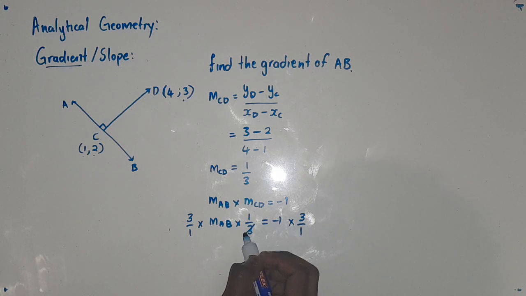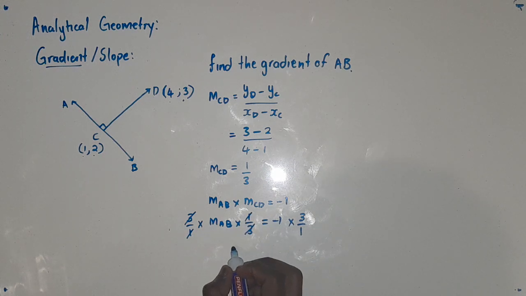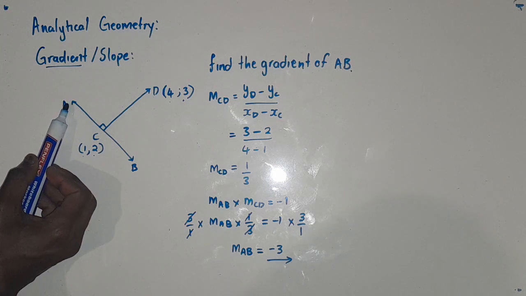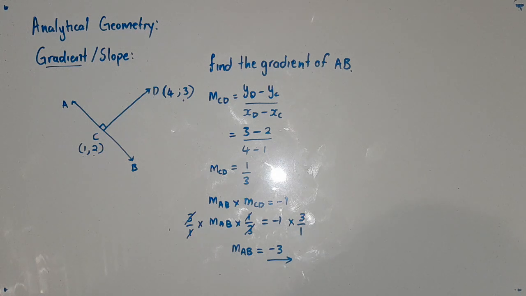This cancels this. Then I have AB this side, and this side you are going to get -3, which is now the gradient of AB. Do you understand?